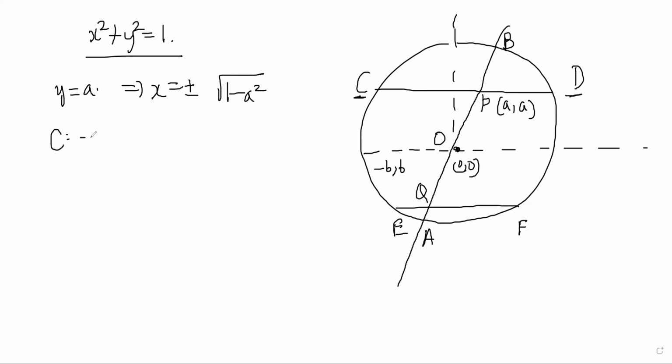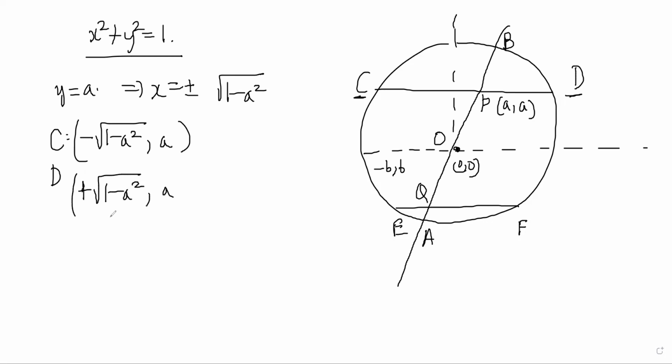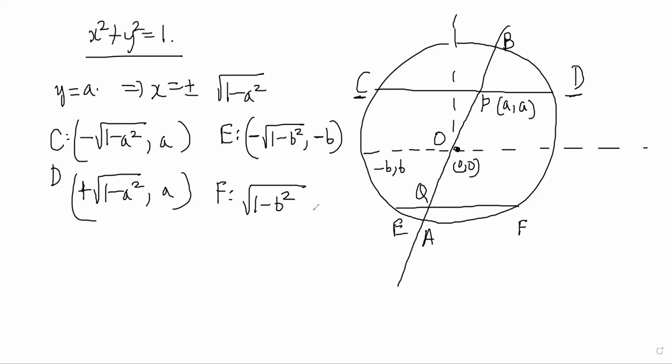So C coordinates will be minus root over 1 minus a square comma A, and D coordinates will be plus root over 1 minus a square comma A. Similarly, E coordinates will be minus root over 1 minus b square comma minus b, and F coordinates would be root over 1 minus b square comma minus b. So now that we have C, D, E, F, we can directly find the distances.